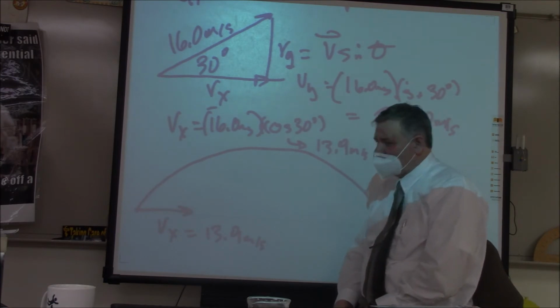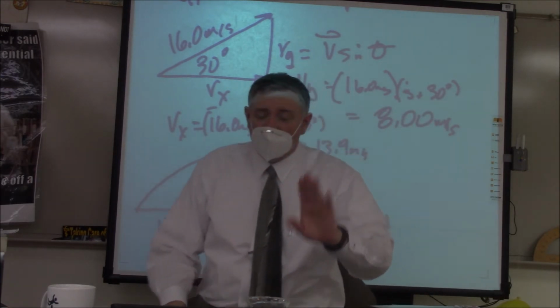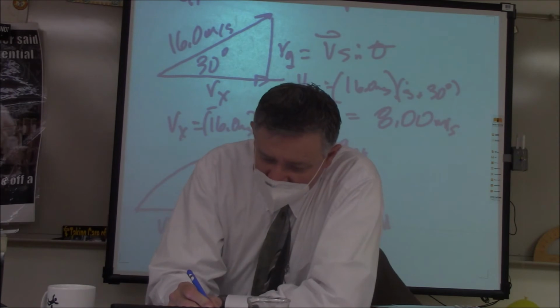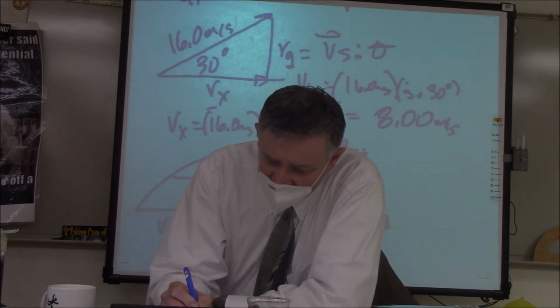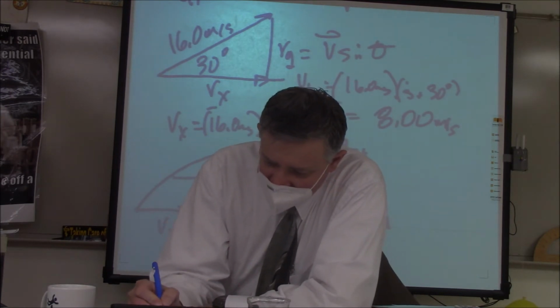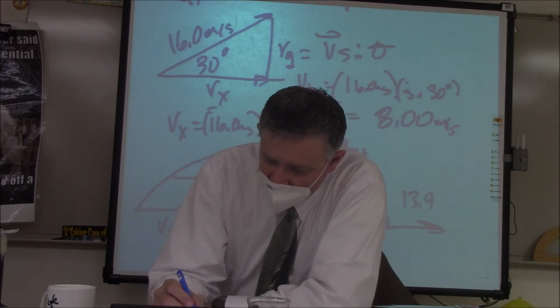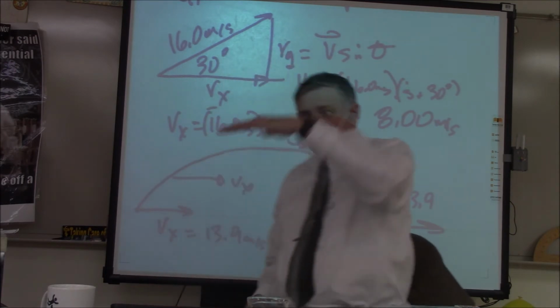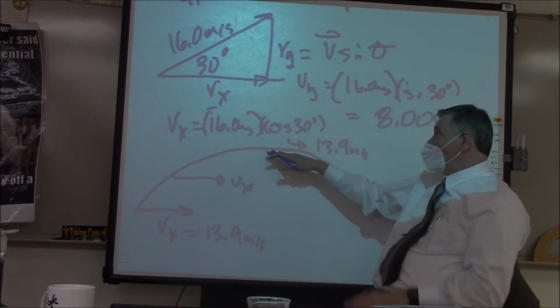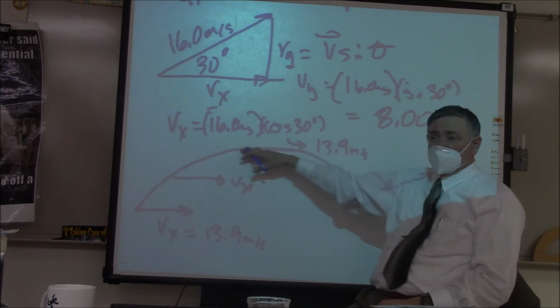Stay the same. It's still the same idea. As it flies through the air, that Vx is going to stay the exact same, even when it lands, even when it's up here at the top. When it's at the top of its flight, it's still only going to have a horizontal velocity of 13.9 meters per second.